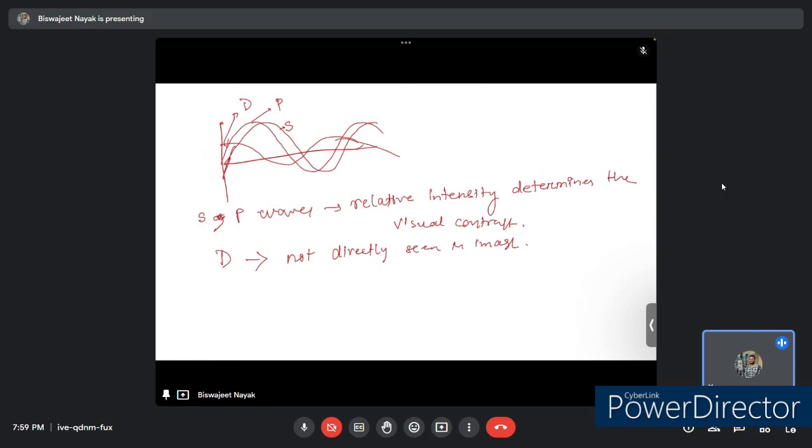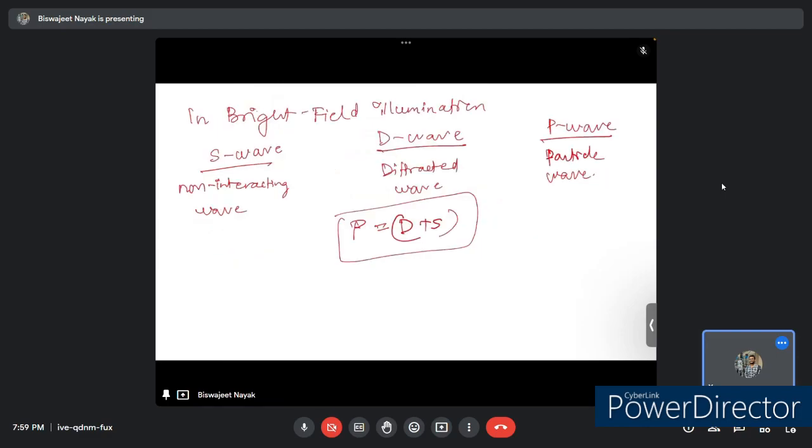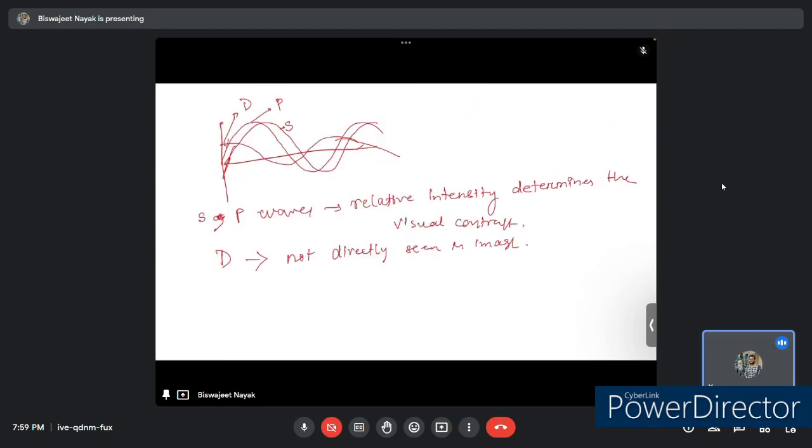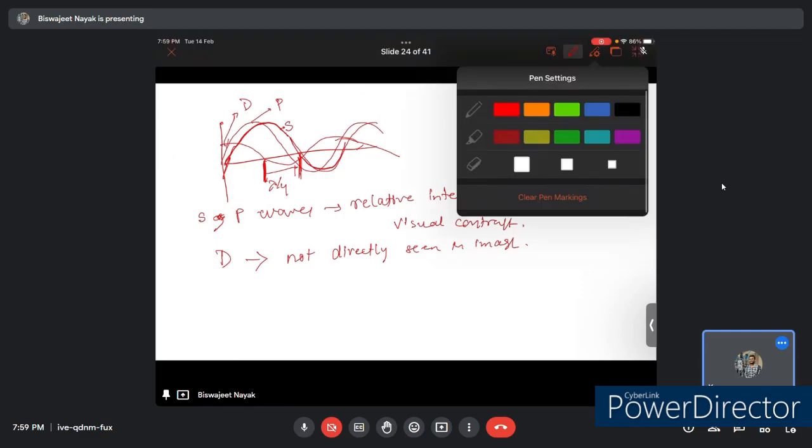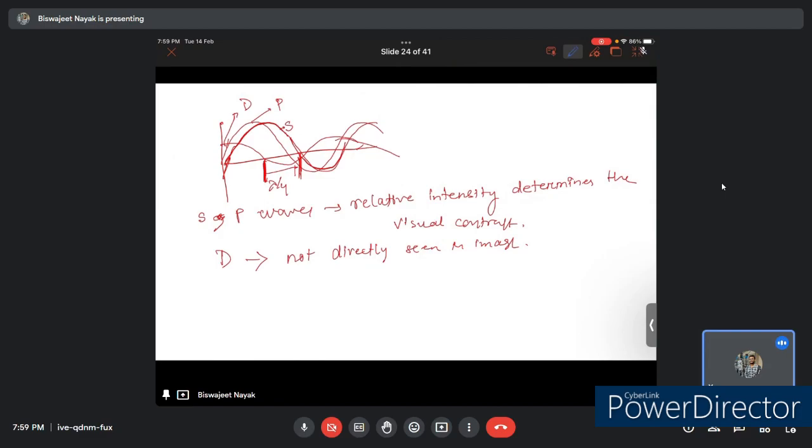Here we can see the D wave is retarded from the S wave by lambda by 4. Let's say this is our wave, and it has a wavelength of lambda.